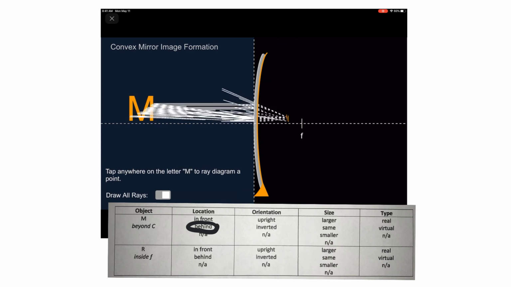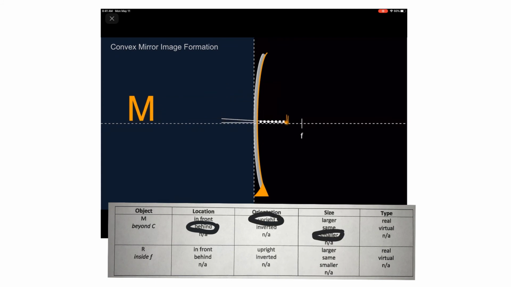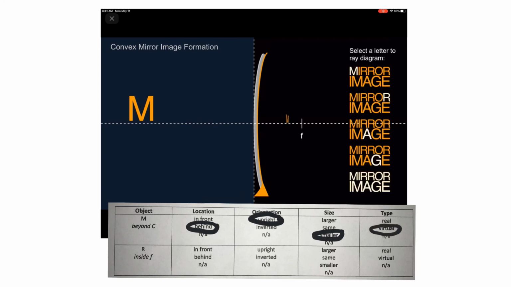It is upright. It is smaller than the actual image, and it is virtual. So if we were to put our eyeball where the letter M is, we would see our small eyeball, right side up, smaller, and it would be a virtual image.